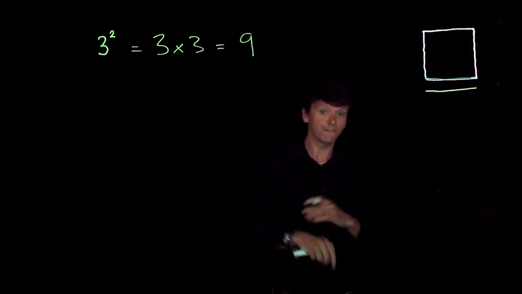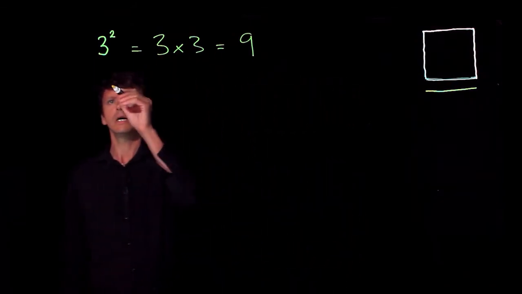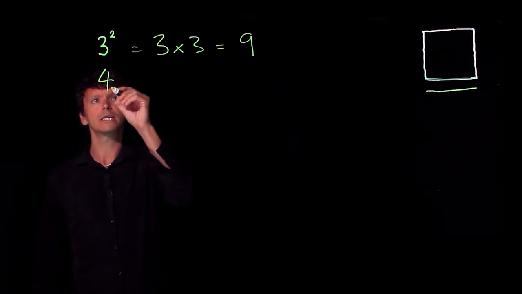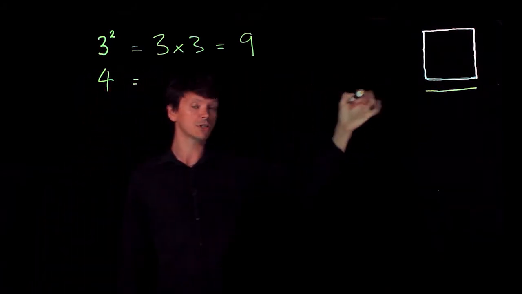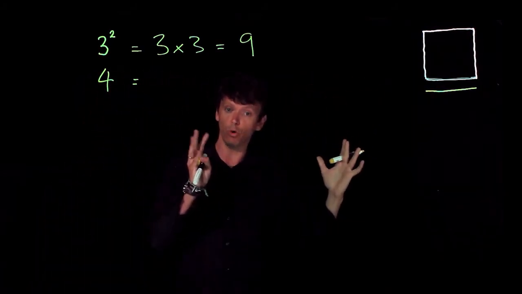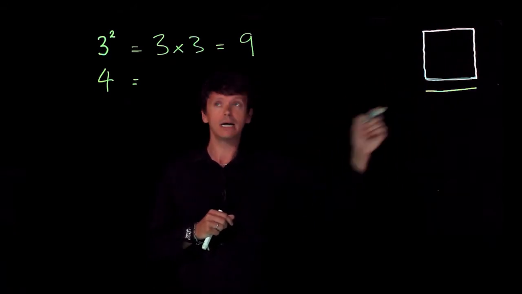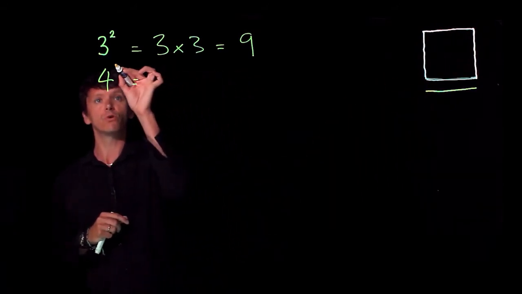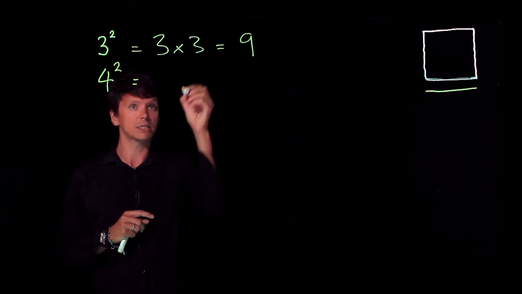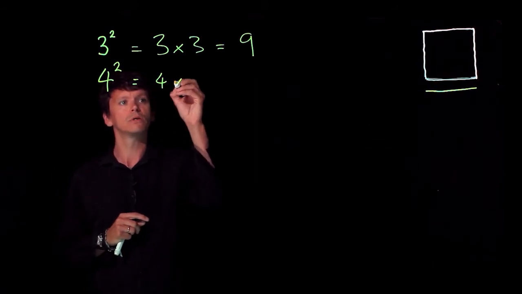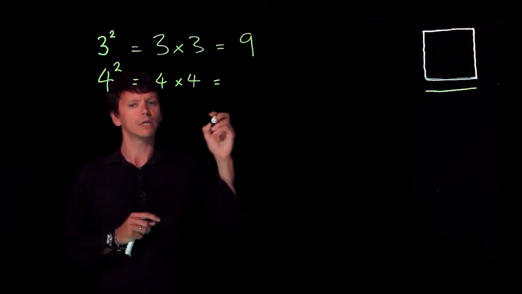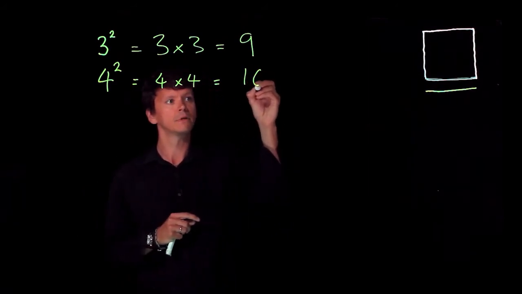So let's think about some different square numbers. Exactly the same process. If the side length of our square was now a little larger, it's 4, the area of that square is going to be known as 4 squared. Just the same, that means 4 times 4, which equals 16.